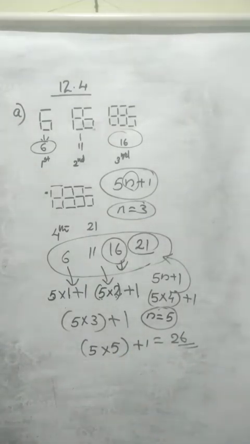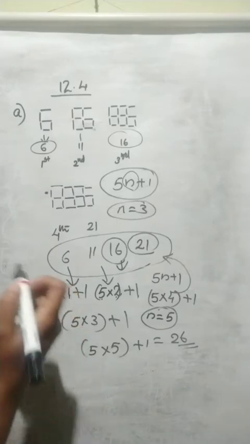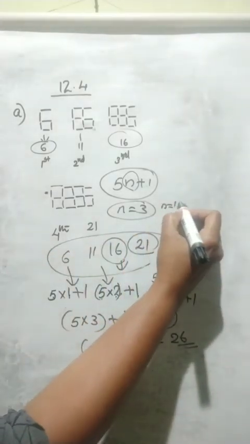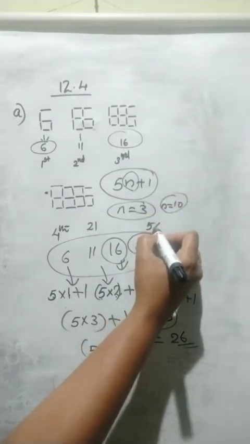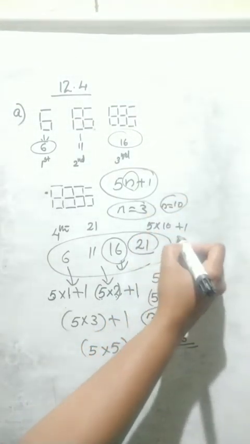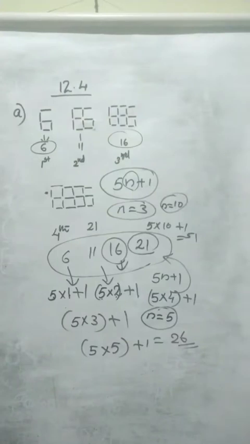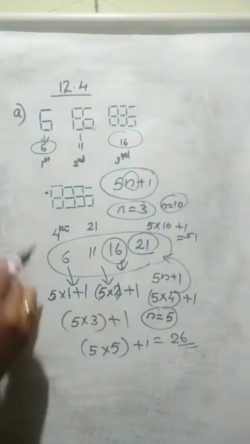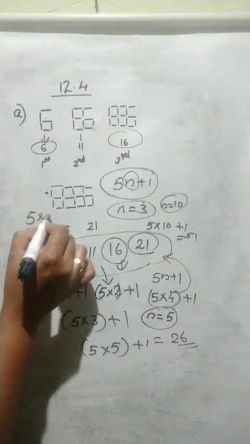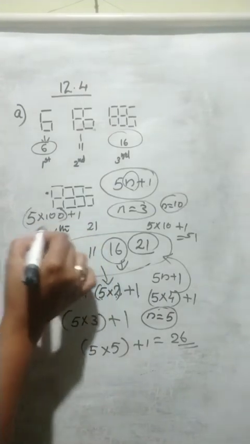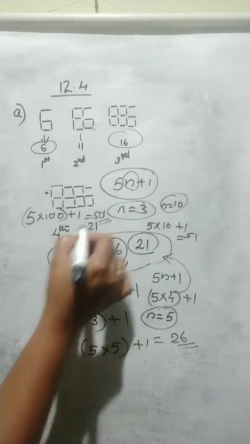So 26 line segments. Then for 10, now n is equal to 10. So 5 into 10 plus 1, that is 51. Okay, next 100th term, that is 5 into 100 plus 1, 501 is the answer.